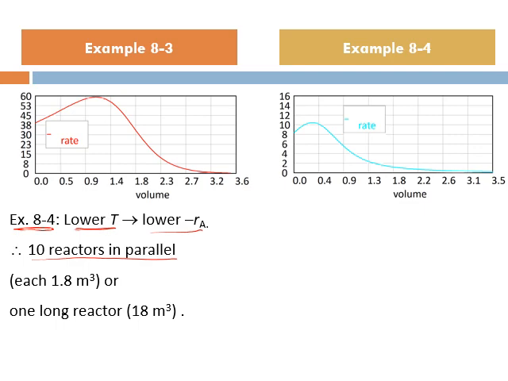Or instead of this, we can have one large reactor. So either we have 10 reactors in parallel where we divide the FA0 over 10 reactors, or we use one long reactor where it's fed by the original FA0.